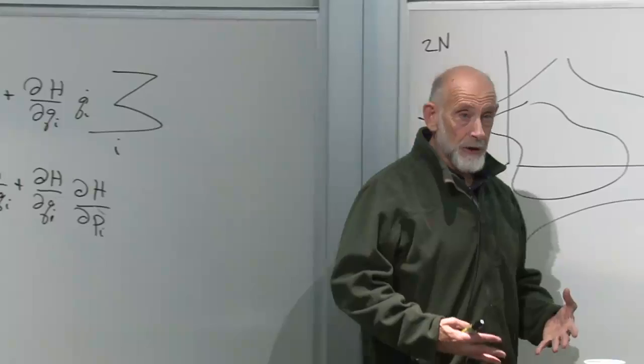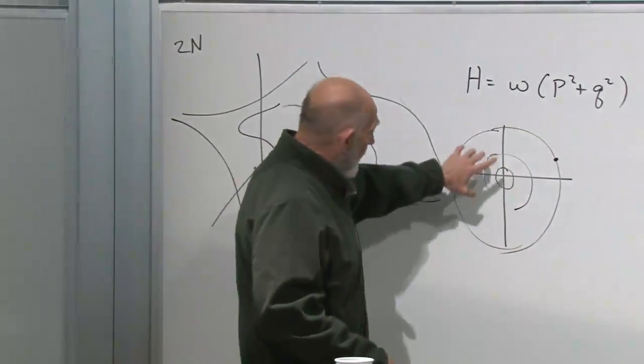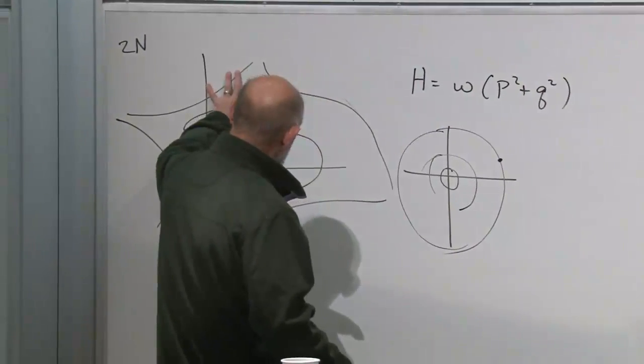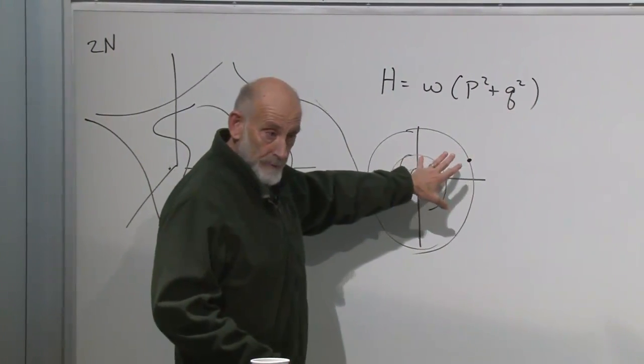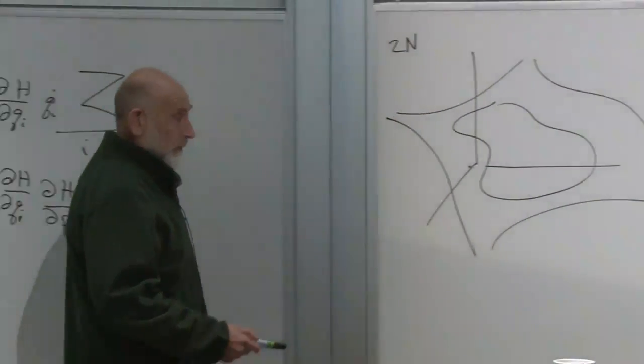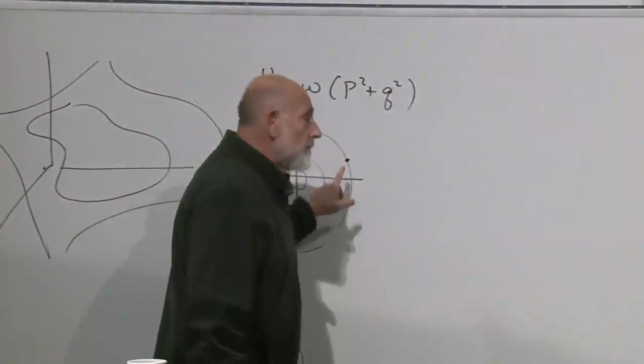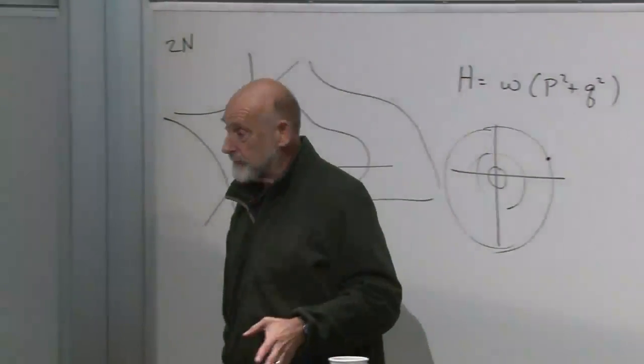Whatever the initial energy is, that's what E is. And each value of E corresponds to a surface in the phase space of one lower dimension. And the rule is that the motion of the phase point, let's call this the phase point, through phase space stays on the same surface of constant energy.